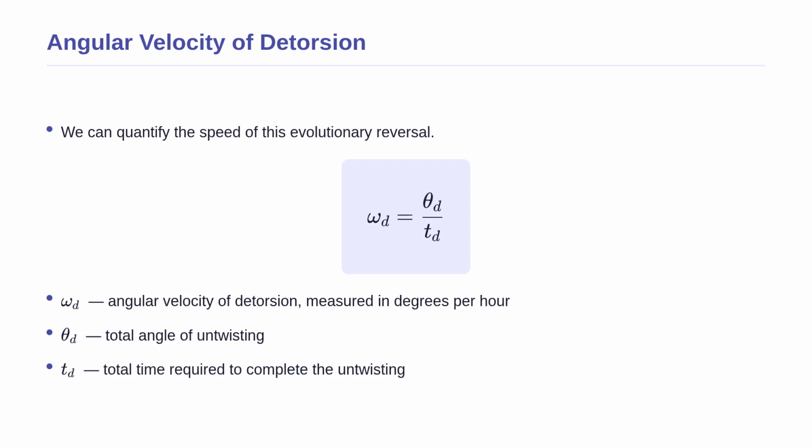Theta sub d is the total angle of untwisting, and t sub d is the total time it takes to complete. The subscript d specifically denotes that these variables apply to the detorsion phase. This simple division gives us a perfect way to quantify exactly how fast the animal is altering its body plan.